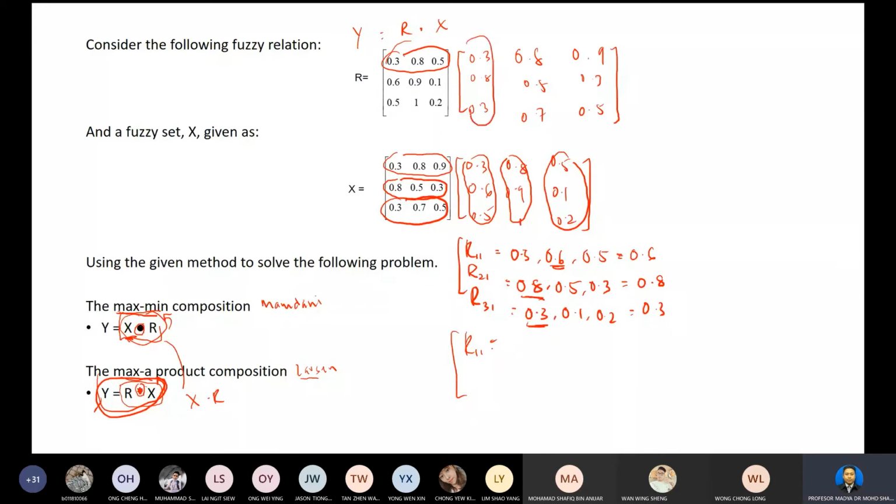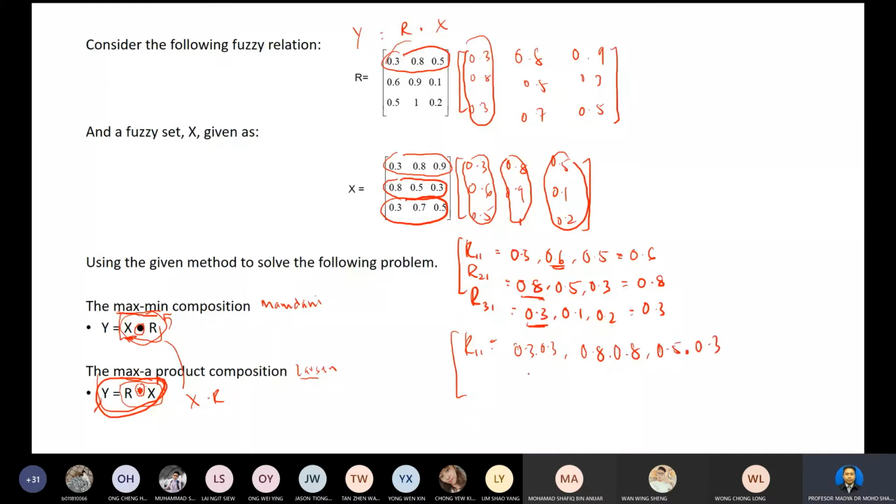Okay, for example, 0.3 multiplied by 0.3, then compare with 0.8 multiplied by 0.8, and then 0.5 multiplied by 0.3.